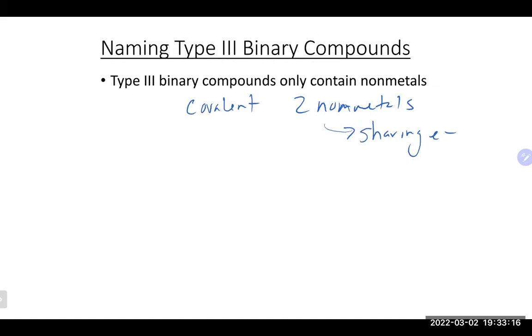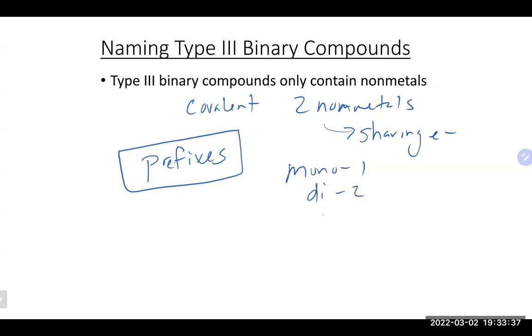So when we name type 3 compounds, this is actually where we do use prefixes. So this is actually where you should use prefixes, is actually in this type of naming, not in any other type of naming. We use prefixes like mono, which means obviously 1.